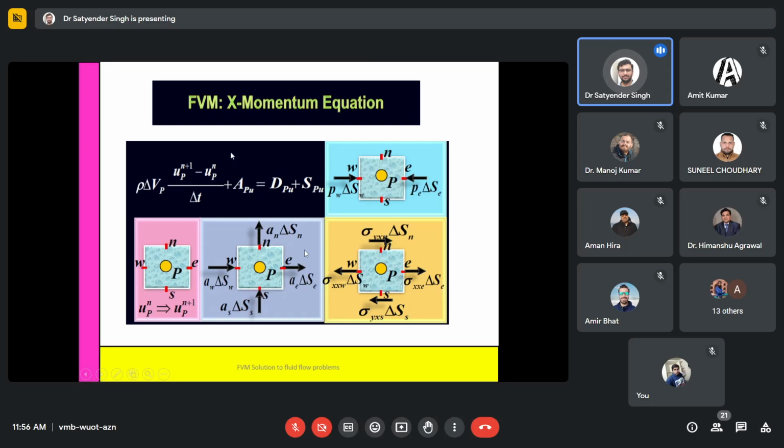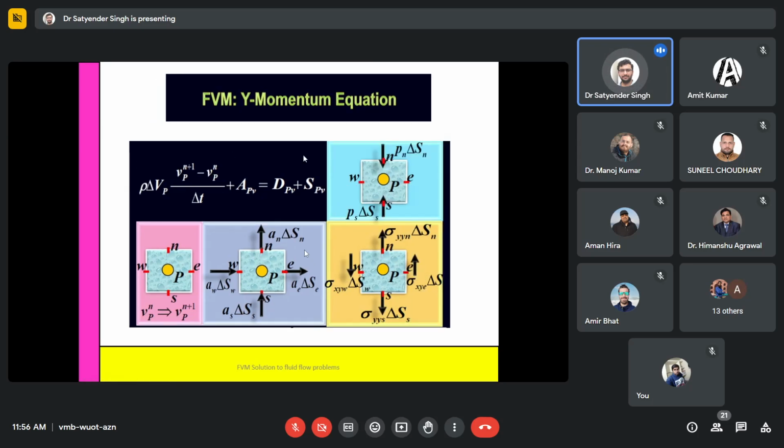So this is the way we discretize x momentum. Similarly, we will discretize y momentum for an unsteady problem. For a steady problem, the unsteady term will be 0, and we will only have these variables equal to the pressure. So generally we collect the advection and diffusion and make them equal to the pressure in steady state problems.